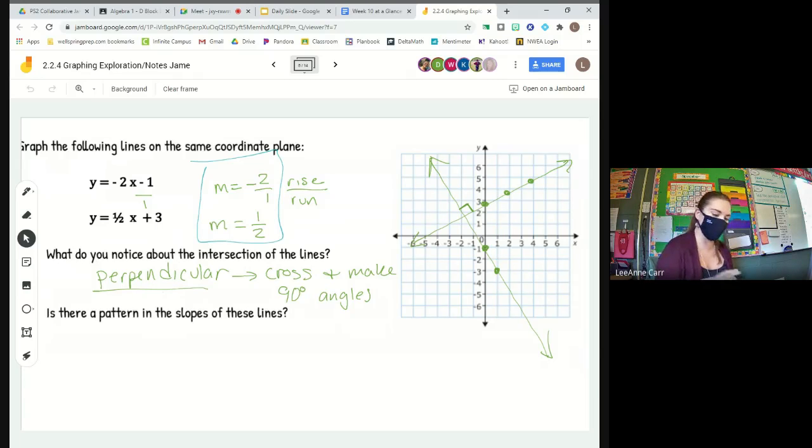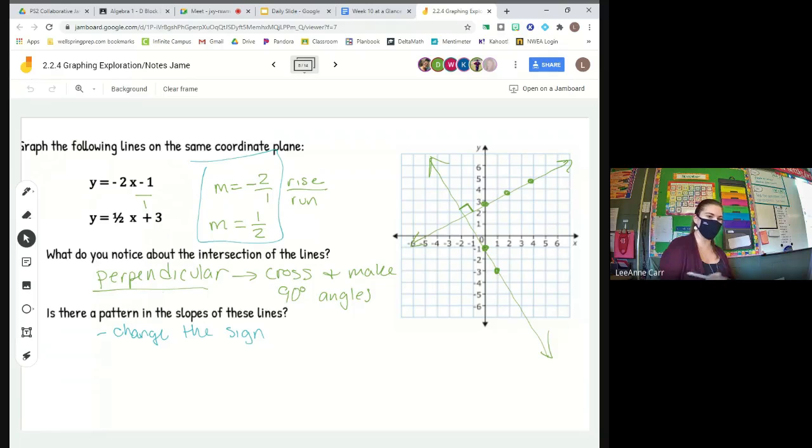Yes, the first thing we notice is that one of these is negative, the other one is positive. Okay, so the first thing that's happened is that the signs change. So when we want to make a perpendicular slope, you first have to change the sign, meaning that if it was negative, it becomes positive, and if it was positive, it becomes negative.